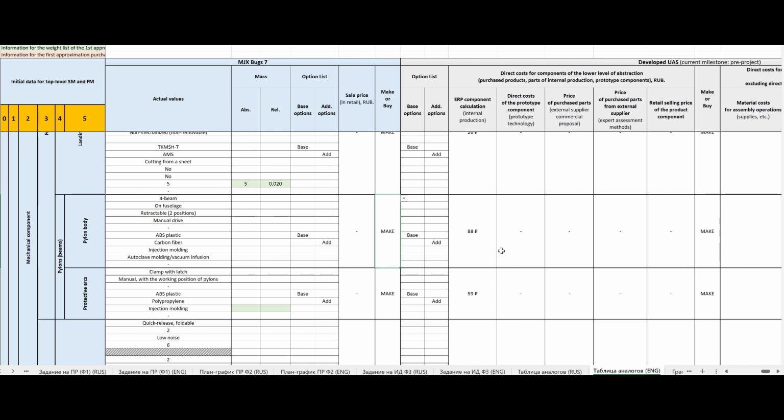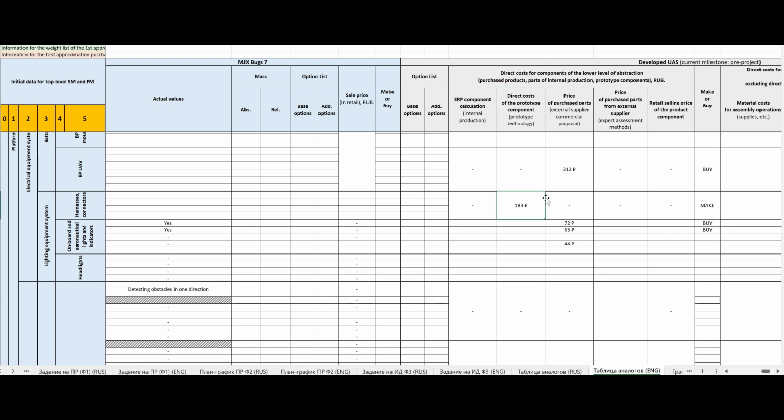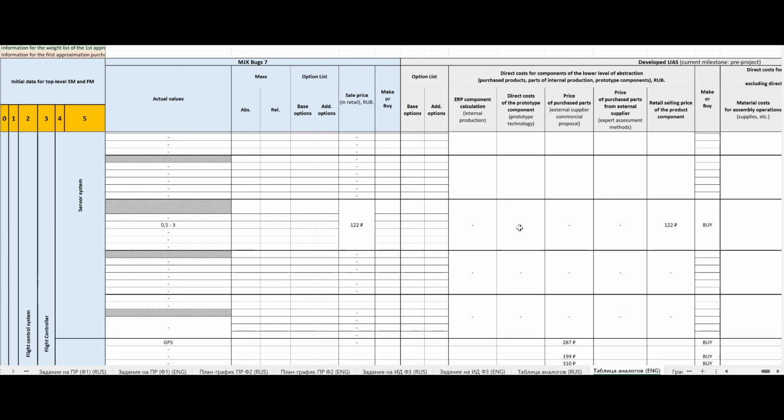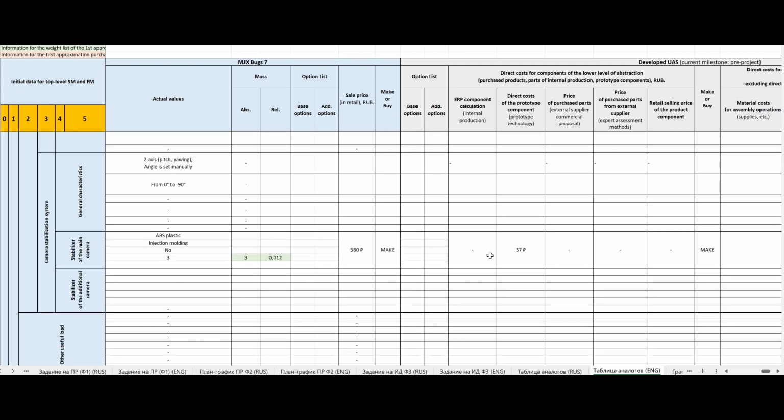If according to the data from the column direct cost of prototype component or prototype technology, the component is manufactured using prototype or, more simply, very expensive technology, for example on a 3D printer or completely manually by a highly qualified locksmith, etc. The obvious advantage of the prototype technology is the absence of the need for pre-production, and as a result the short production time of a component.